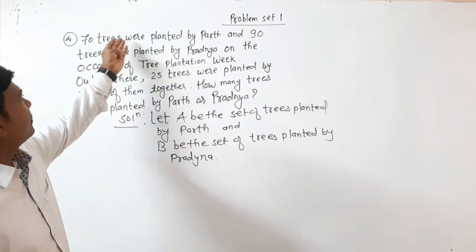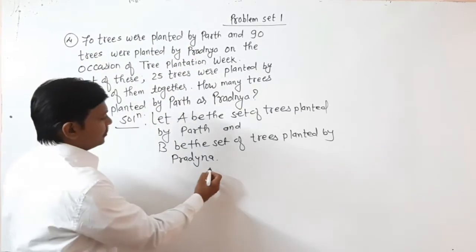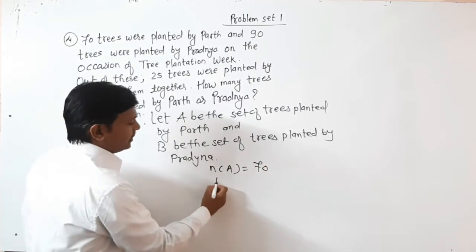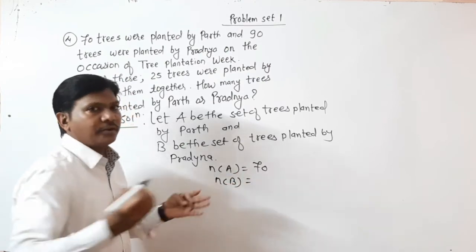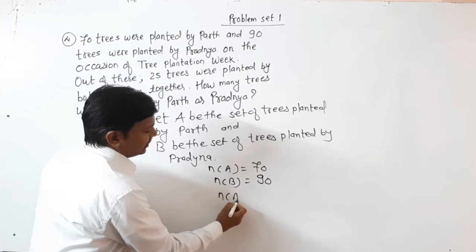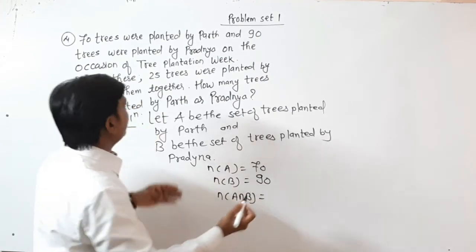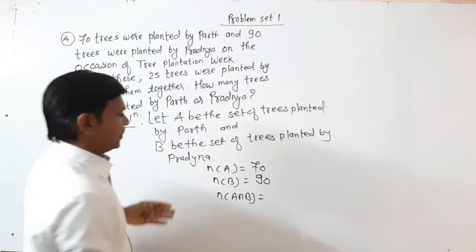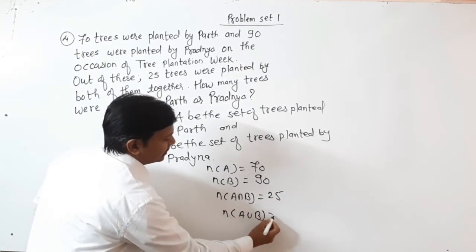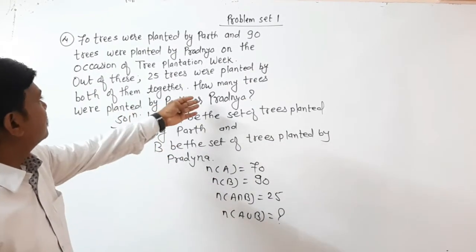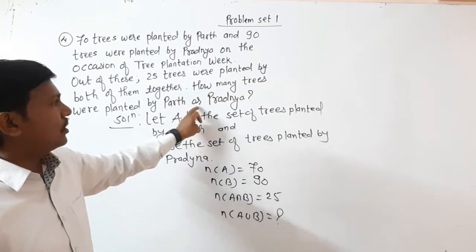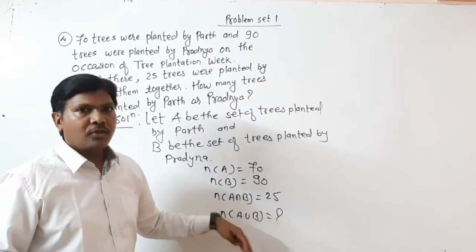Trees planted by Parth is 70, so NA is 70. Then NB, trees planted by Pragya, is 90. And both means A intersection B, that is 25, so we write 25 here. The question is to find the union, meaning trees planted by Parth or Pragya. So A union B is the question mark.